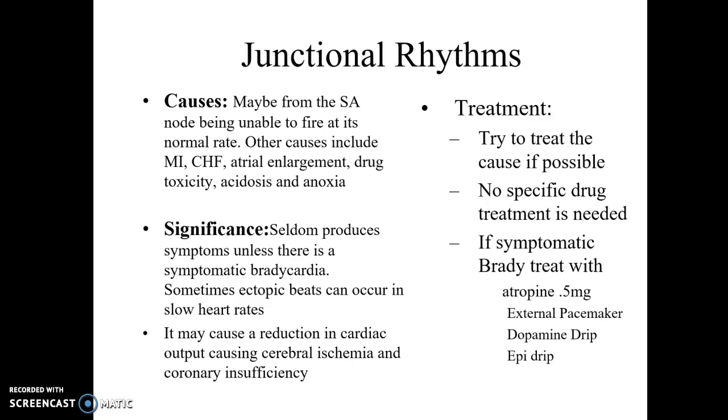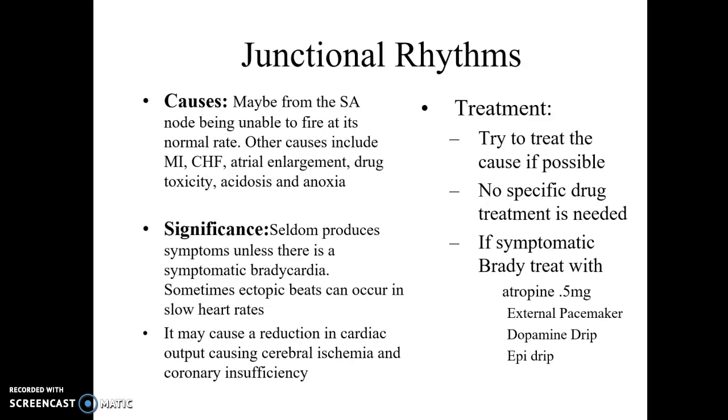It can actually cause coronary insufficiency or cerebral ischemia. So you might see poor perfusion up to the brain. Sometimes when you see really slow heart rates, your heart will try to kick in extra beats just to try to help. But generally, this is already a backup system for you.